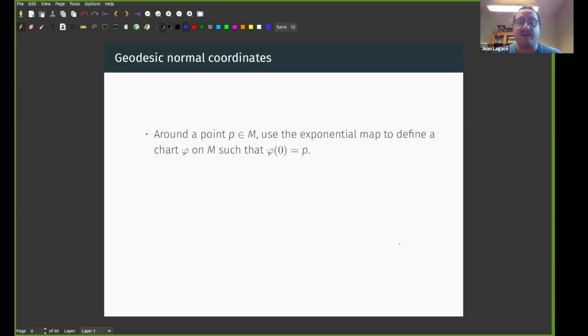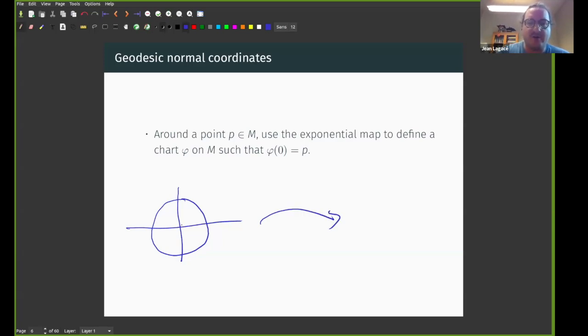These are the geodesic normal coordinates, where basically you want a chart on your manifold that will map the disk, according to straight lines, to an open set on your manifold, according to geodesics that you would follow.